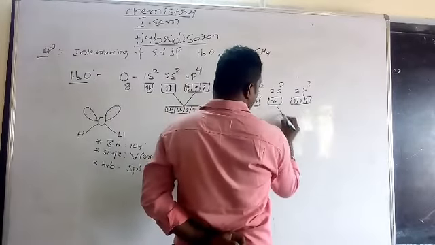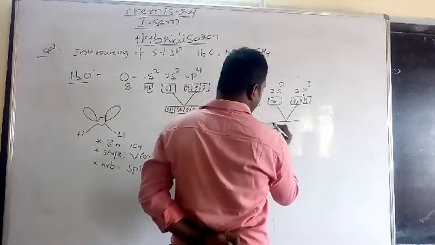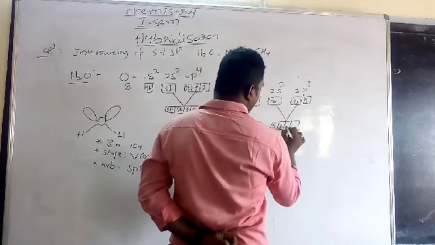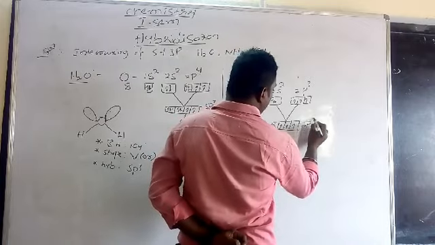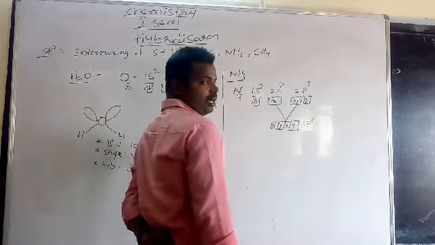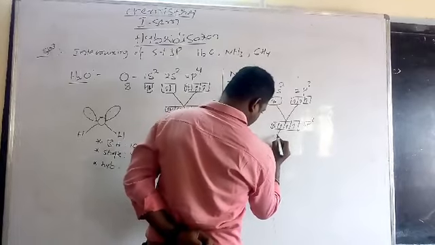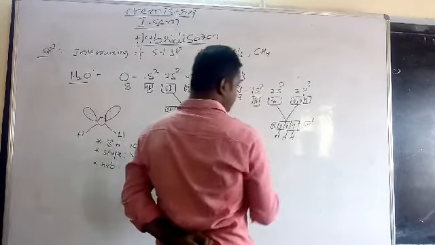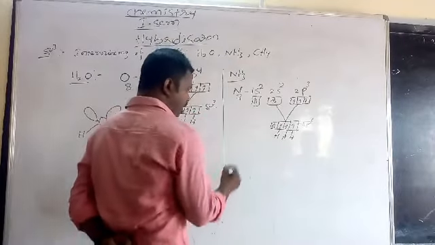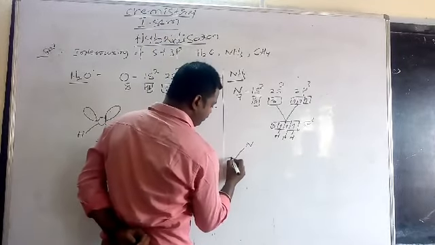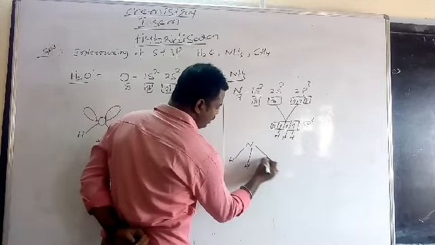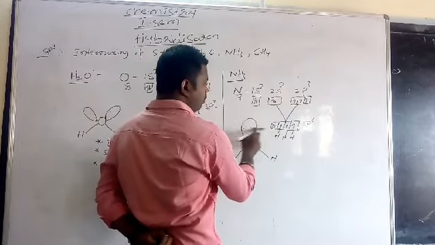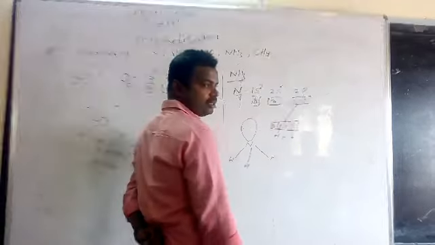So intermixing of 1 s orbital and 3 p orbitals combined to give sp3 hybridization. Now react with 3 hydrogens. This is the NH3 molecule. 3 are the bond pairs and 1 is a lone pair.